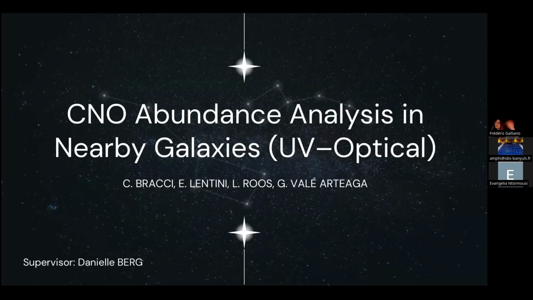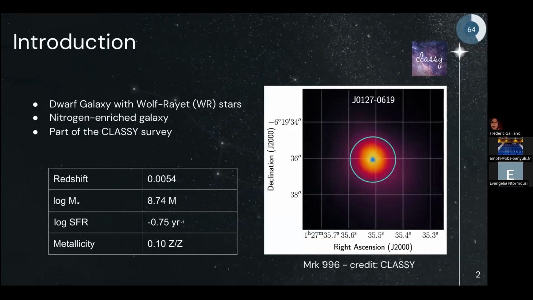Okay, so hi everyone. We did the project on CNO abundance in a nearby galaxy in the wavelength range from UV to optical. And we did it on one galaxy, Markarian 996 right here.